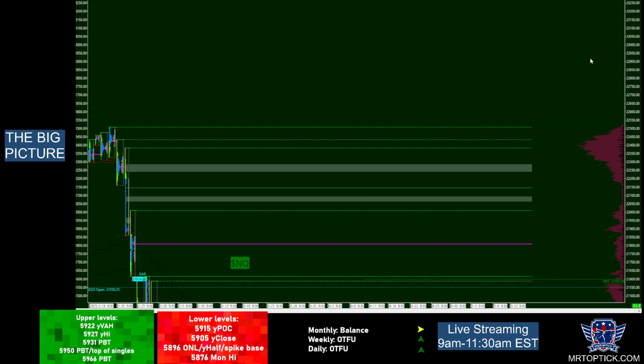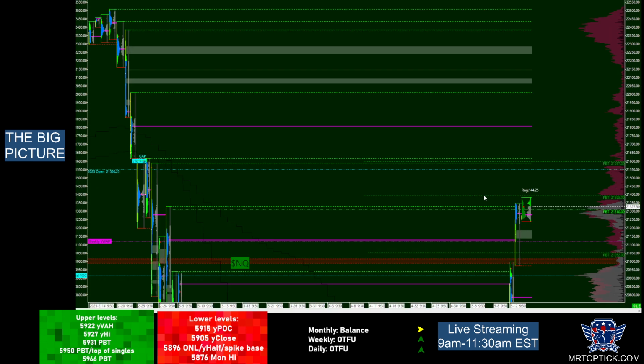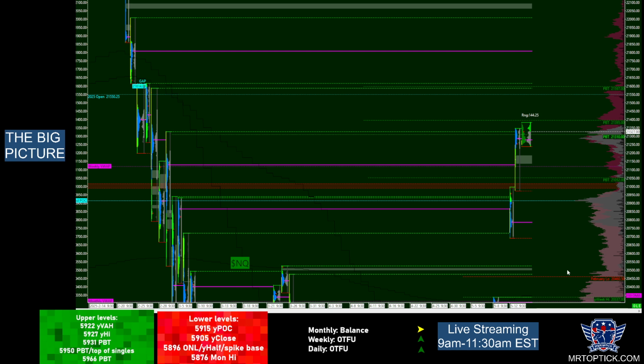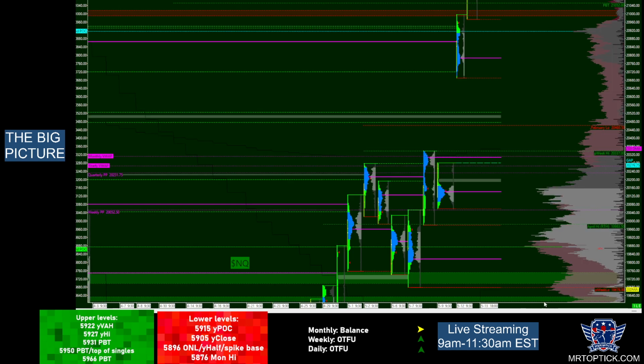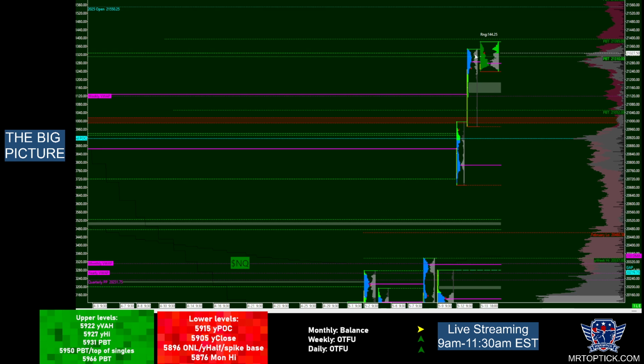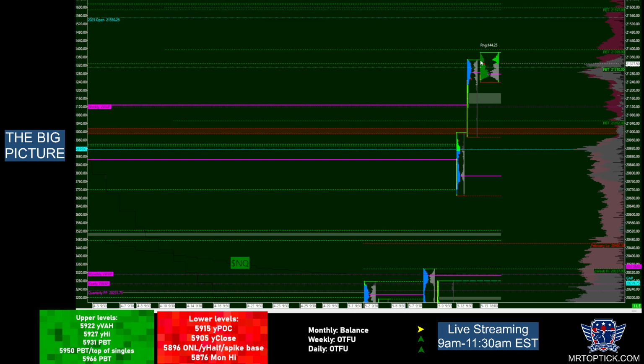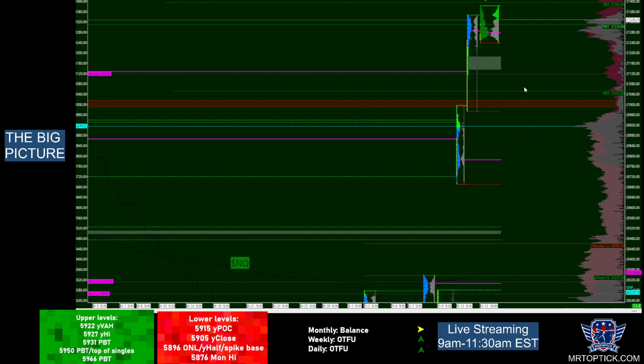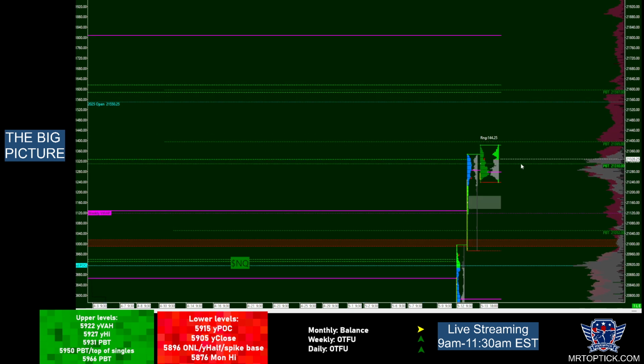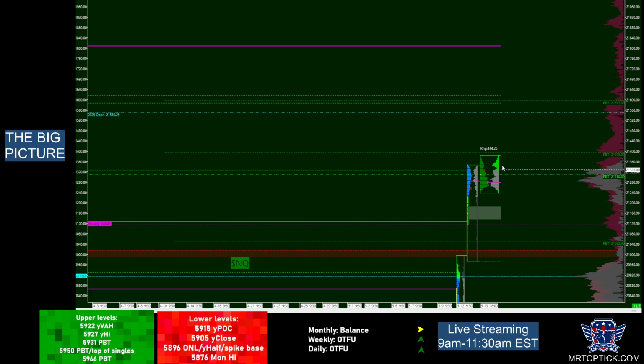For NQ, like I said before, it traded above that high and it failed to hold on the overnight session. But we want to see that reaction. We want to see what happens during the RTH, it's more significant. There's more volume, more key players, more relevance during the regular session.